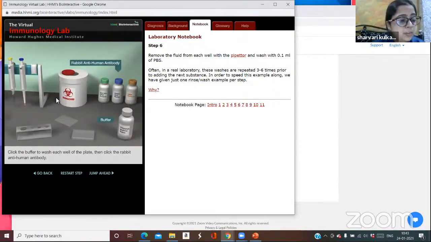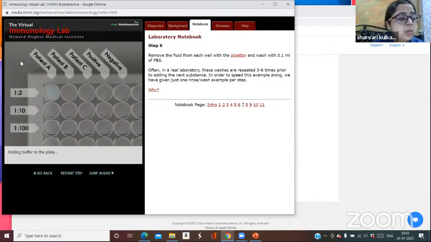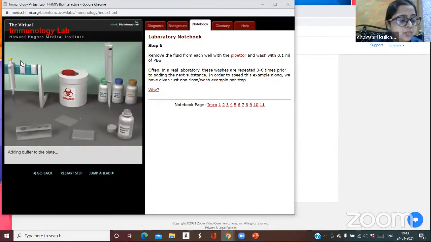Now we have to wash with the buffer. Okay, so we will click on the buffer to wash the wells of the plate. Why washing is important? Is because it will remove unbound antibody which is not reacted, right?